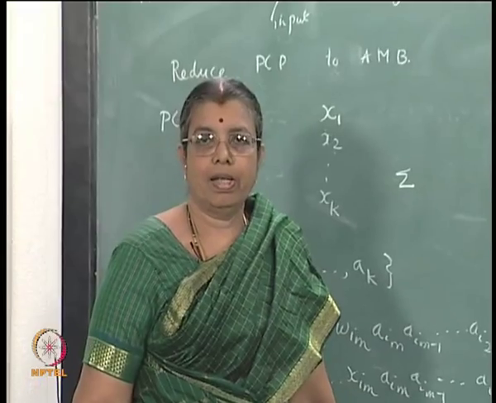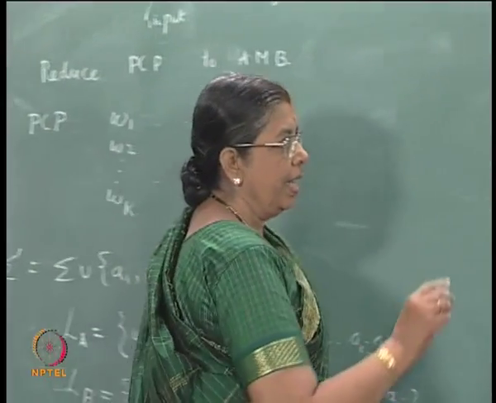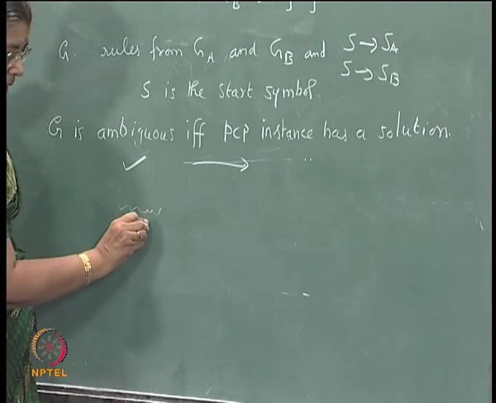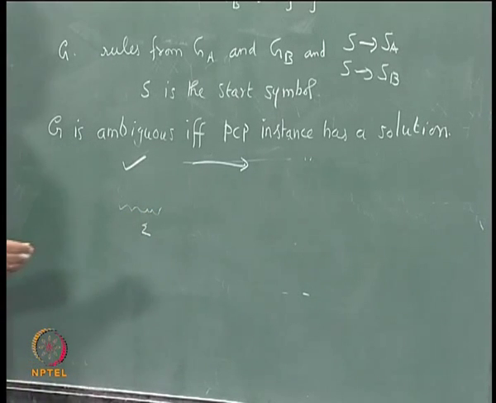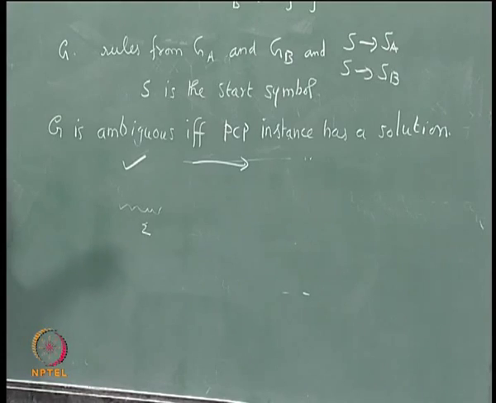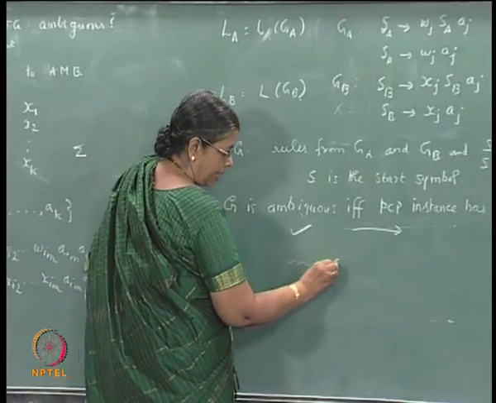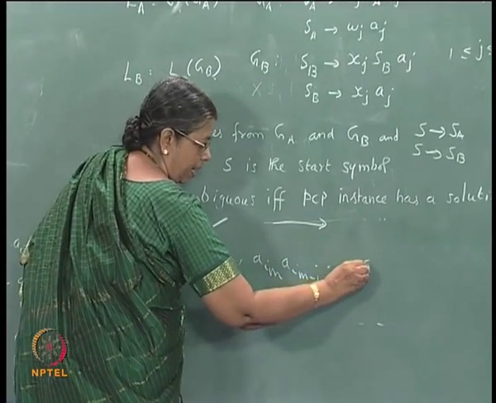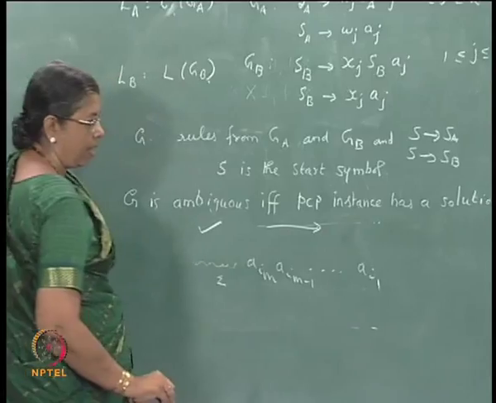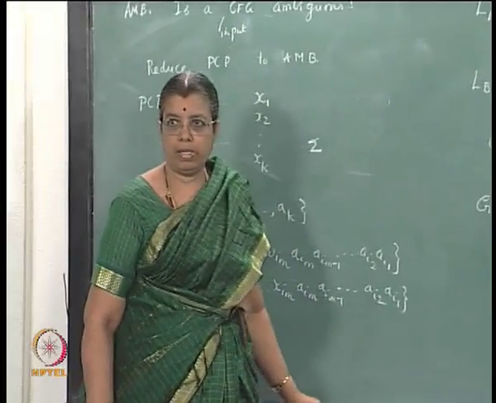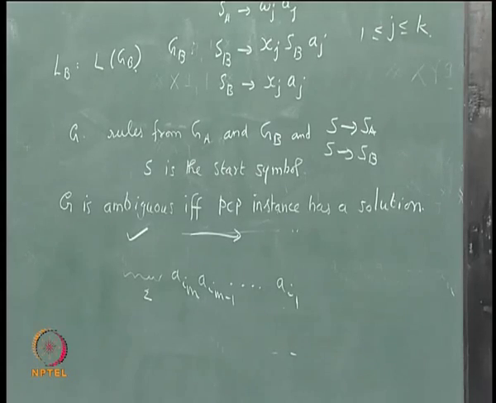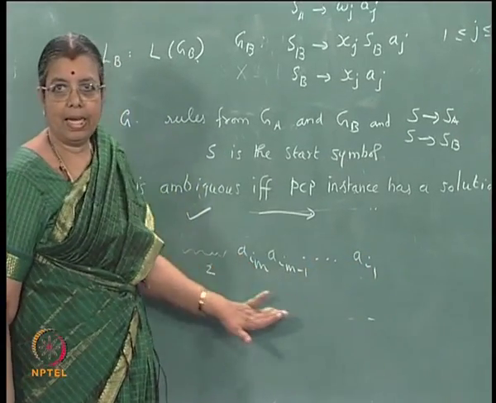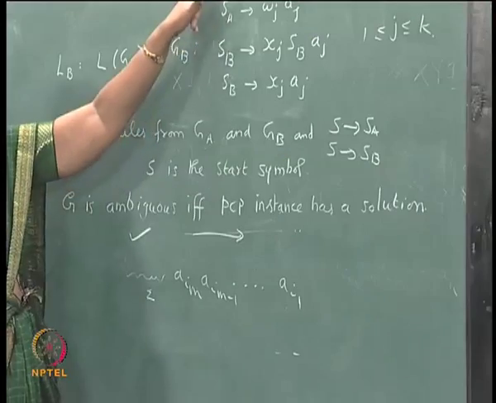Now, any string in the language has one portion made up of sigma, another portion made up of the new symbols, some A_im, ..., A_i1, and this sequence of symbols determines the order in which these rules are to be applied.